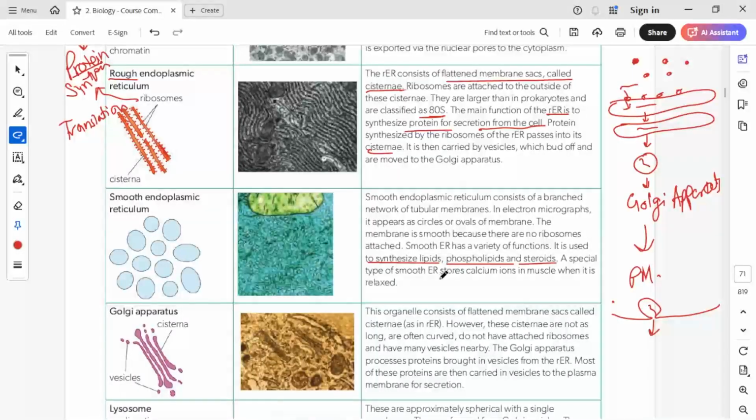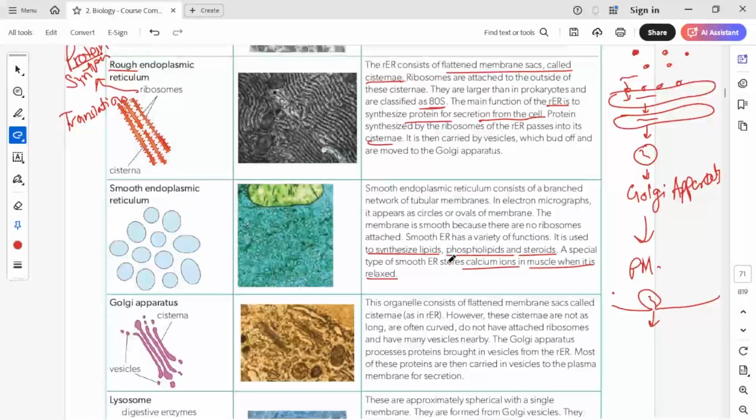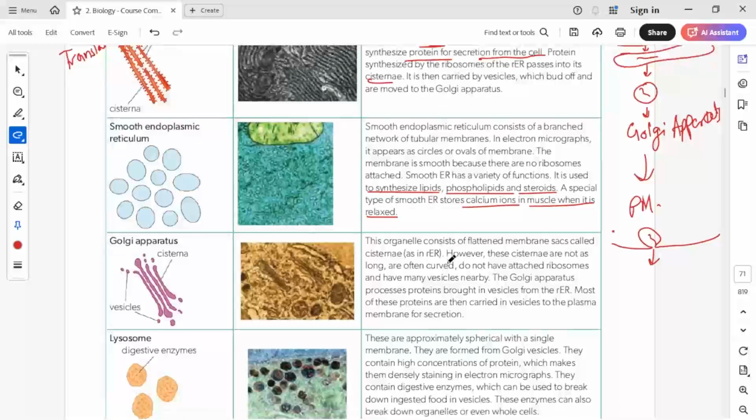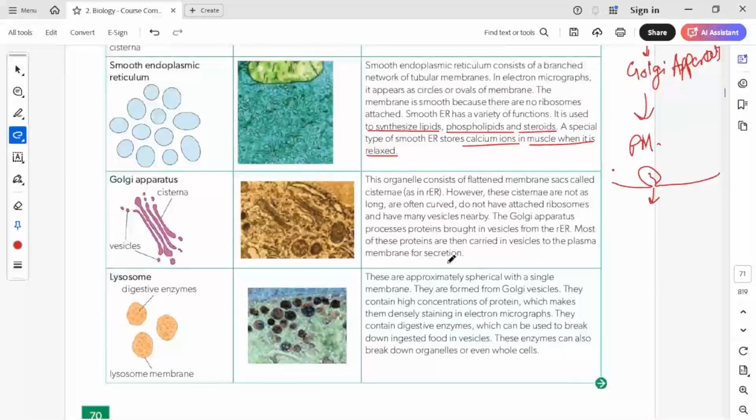A special type of smooth endoplasmic reticulum stores calcium ions in muscles where it is relaxed. Whenever the muscle is relaxed, the function of this smooth endoplasmic reticulum is calcium ion storage. This is particularly in a muscle cell we are talking about. Otherwise, in most cells, the function of smooth endoplasmic reticulum is synthesis of lipids, phospholipids and steroids.